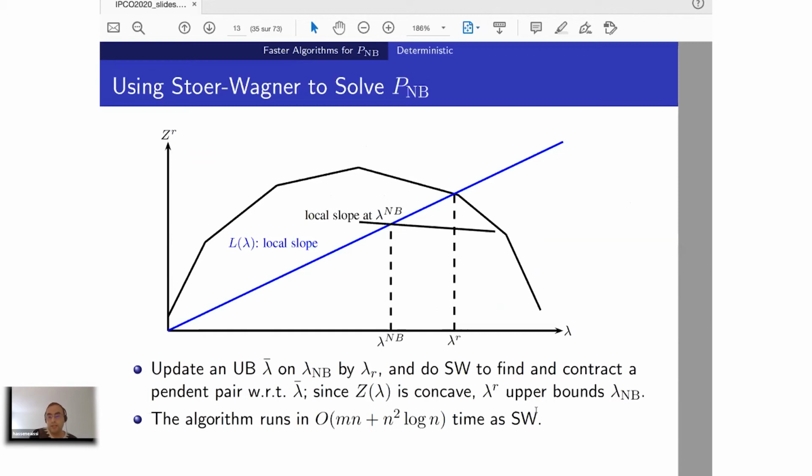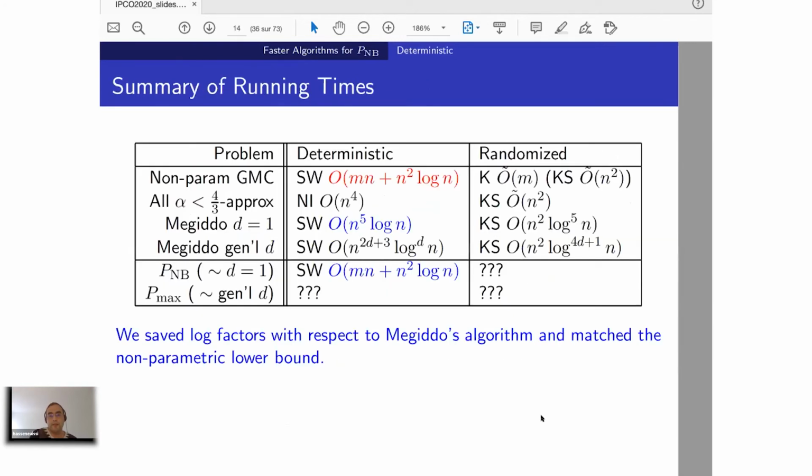So in a sense, it is an optimal algorithm. What is surprising is that the parametric problem has the same complexity as solving the standard global min cut problem. In comparison to the Megiddo general framework, we saved a logarithmic factor. This is the best that we can do.